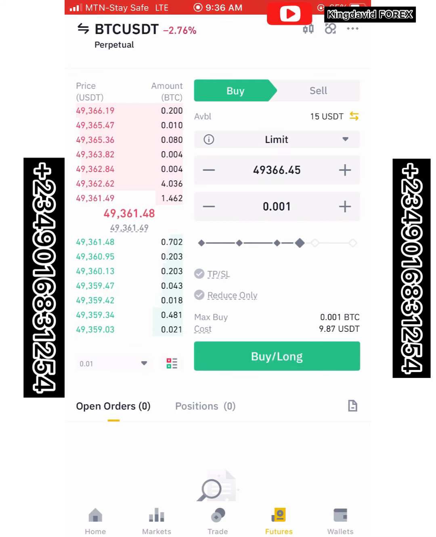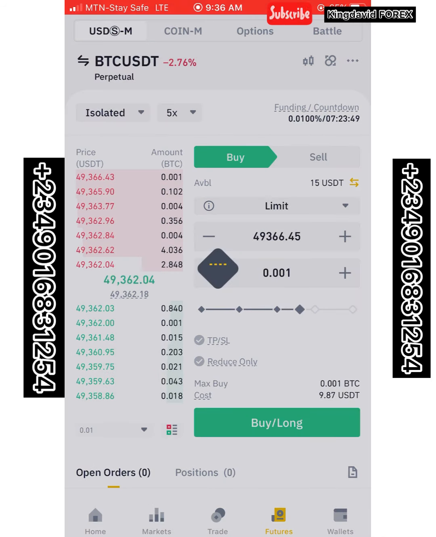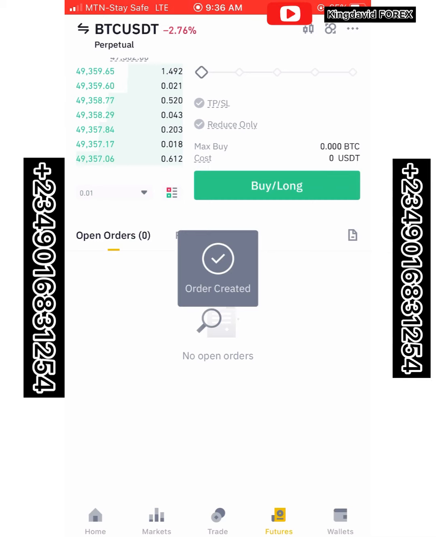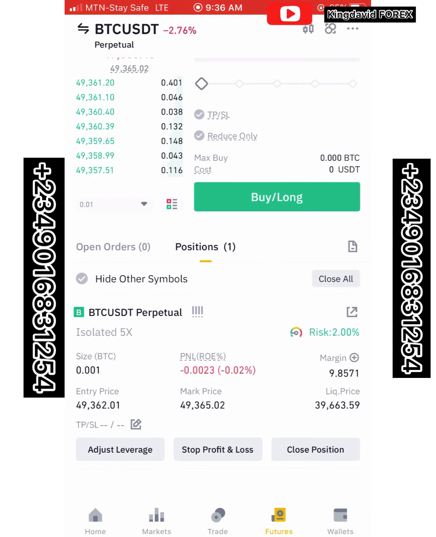So if I click on buy, the market is currently working, isolated. You can always adjust your leverage. You can also set a stop loss, because most times you can have a sharp increase or sharp decrease, so it's good to always have a stop loss.